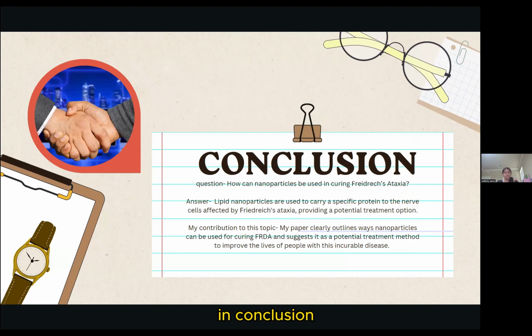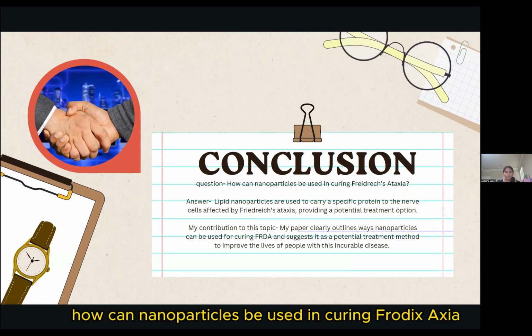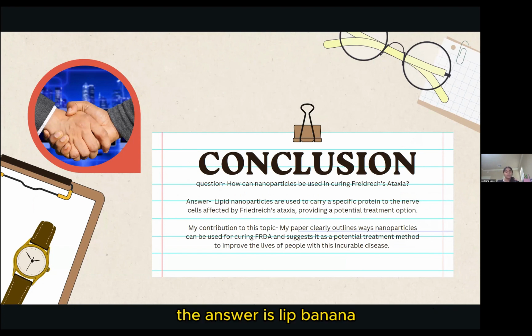In conclusion, how can nanoparticles be used in curing Friedreich's ataxia? The answer is lipid nanoparticles could be used to carry specific proteins to the nerve cells affected by Friedreich's ataxia, providing a potential treatment option.